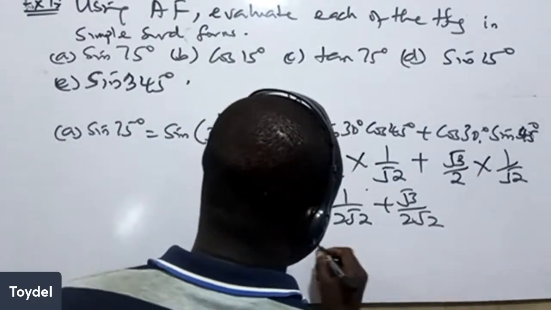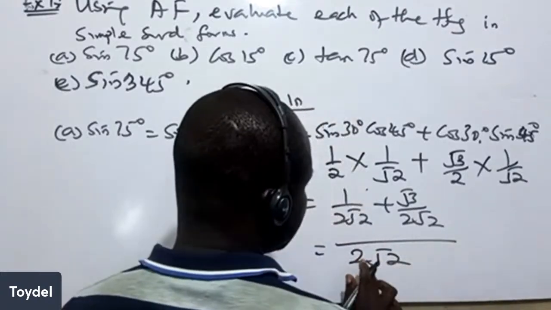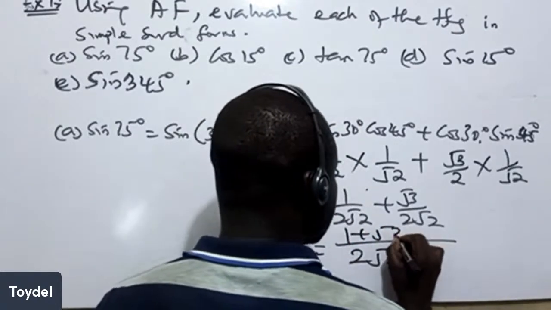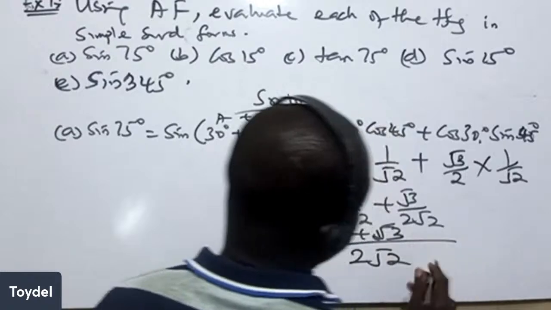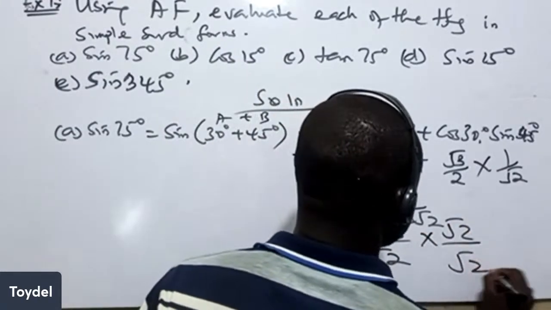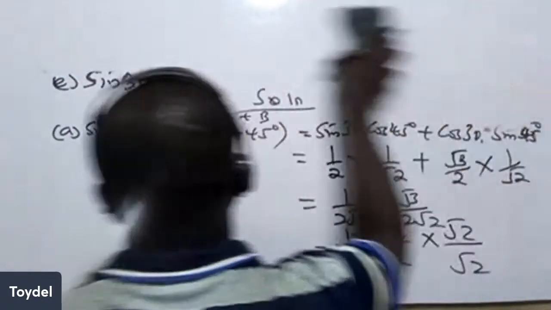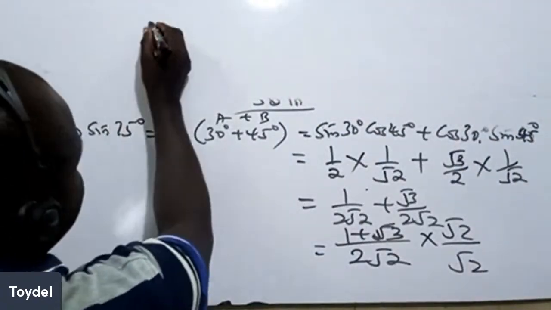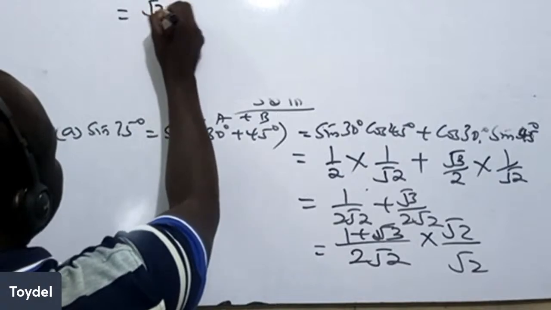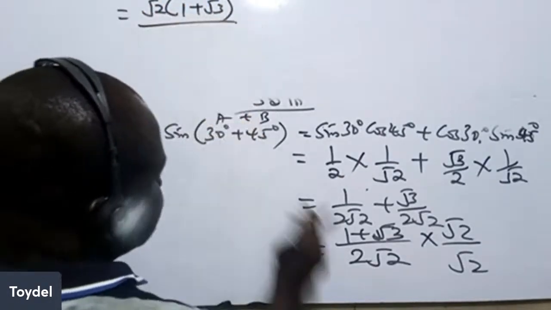When we add these two together, we are going to have 2 root 2 at the denominator, and 1 plus root 3. That's what we are going to get: 2 root 2, 1 plus root 3. Then we rationalize by root 2. Put root 2 here, then root 2 here. So from there, we are going to have root 2 multiplied by 1 plus root 3 all over 2.